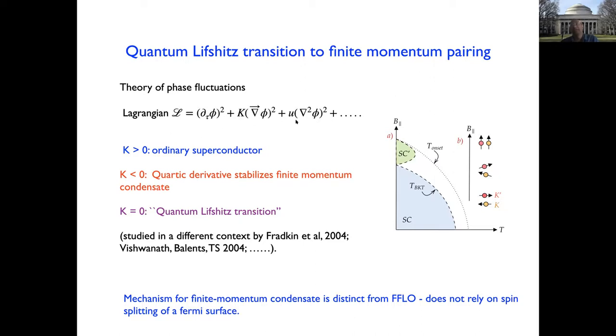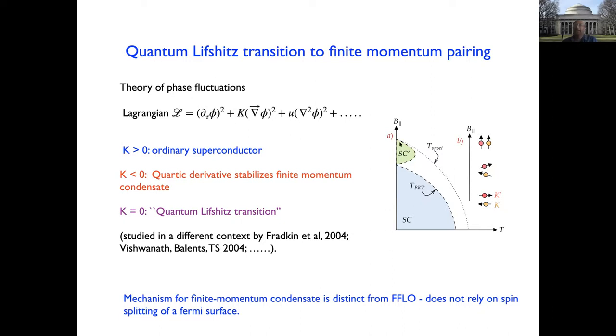The theory will then be stabilized by these quartic derivative terms. And this kind of transition is what's known as the quantum Lifshitz transition. And when K is negative, these quartic terms will stabilize the state where the pairing occurs at non-zero momentum, and you get a finite momentum paired state.